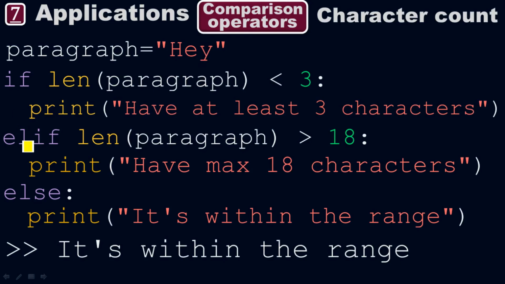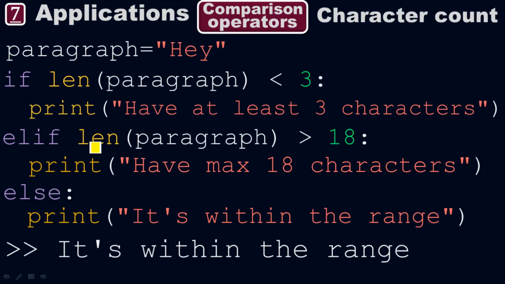It will jump to the second option. In the second option, it says that length of paragraph is greater than 18. If the number of characters are greater than 18, look at here, we have used 2 comparison operators here. One is less than, the second one is greater than. 2 comparison operators with the 3 conditional statements, if, else.